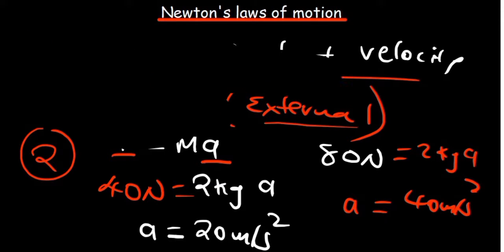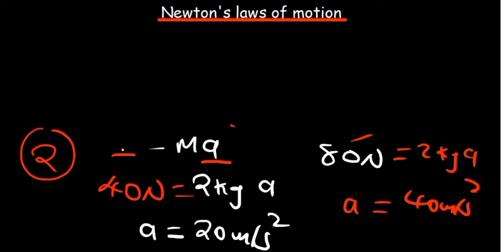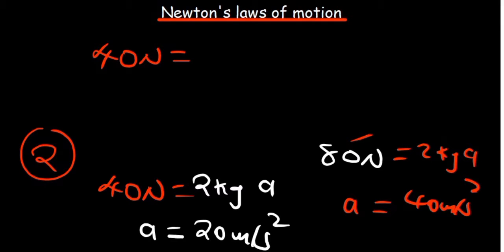But then the mass is inversely proportional to the acceleration. Let's say we have the same mass of 2 kilograms and a force of 40 newtons.